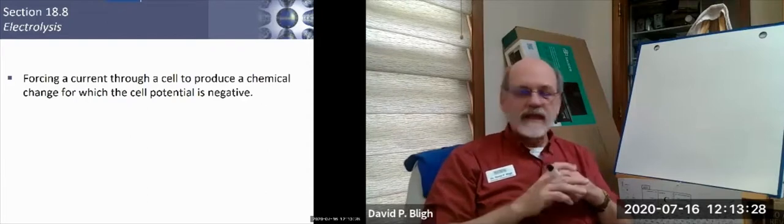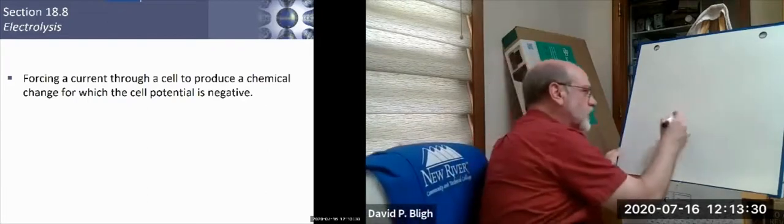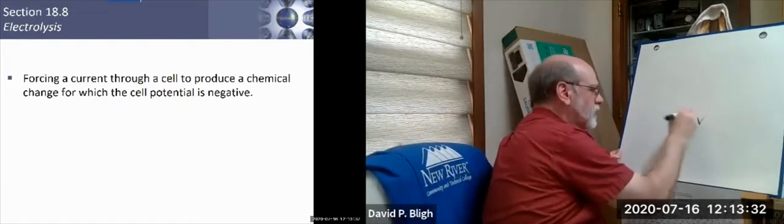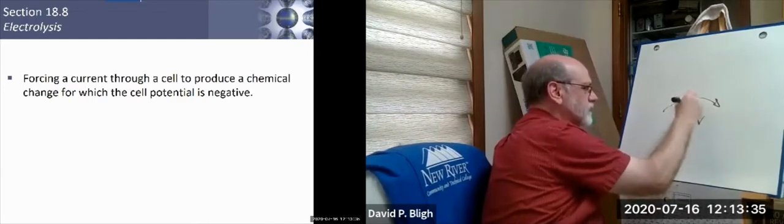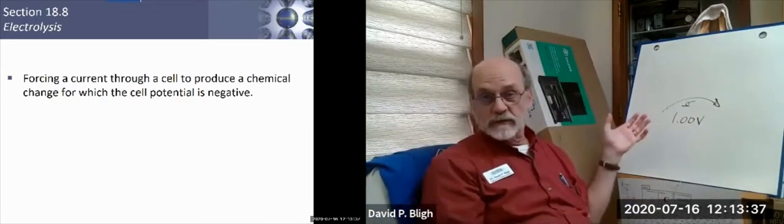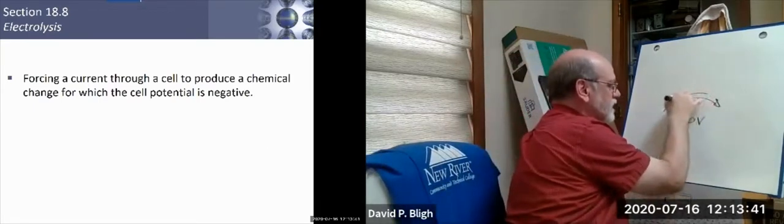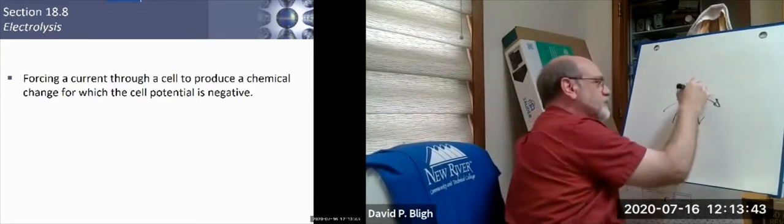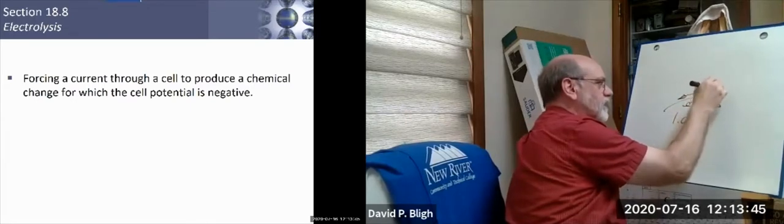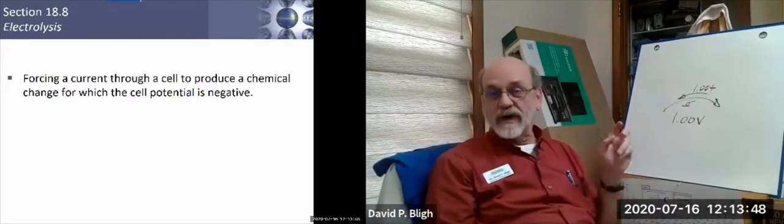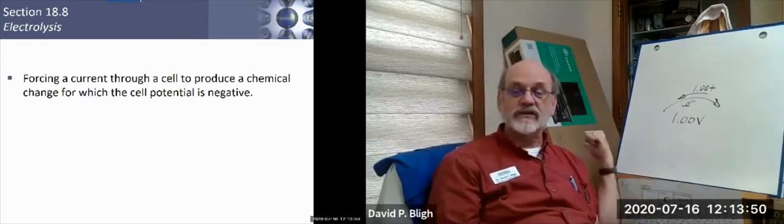Well, if the reaction normally goes this way with 1 volt, we need to insert an electromotive force of greater than 1 volt in the opposite direction.